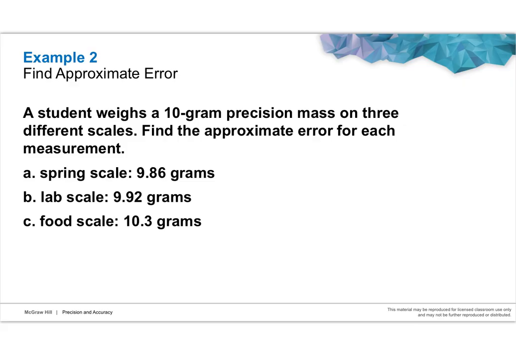So in part A, we have a spring scale that weighs it at 9.86 grams. We have a lab scale that weighs it at 9.92 grams, and C, a food scale that weighs it at 10.3 grams. So the approximate error, remember, is going to be the difference for each one of these from the 10-gram precision mass, and then made that difference positive, absolute value.